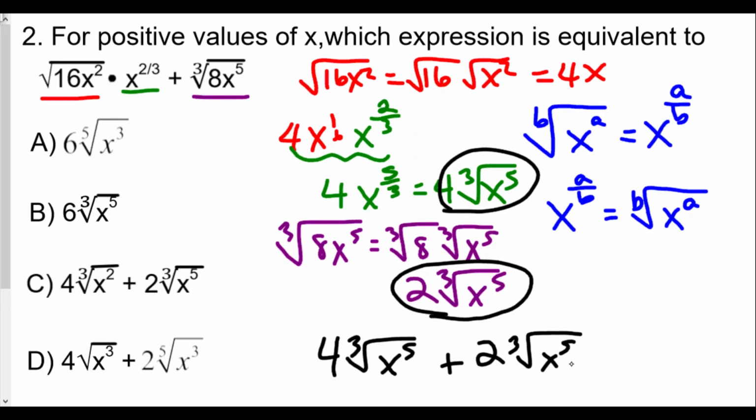So we have 2 cube root x to the 5th plus 4 cube root x to the 5th. When adding like radicals, we just add the coefficients, 4 plus 2, giving us 6 cube roots of x to the 5th power. The only one that matches is choice B.